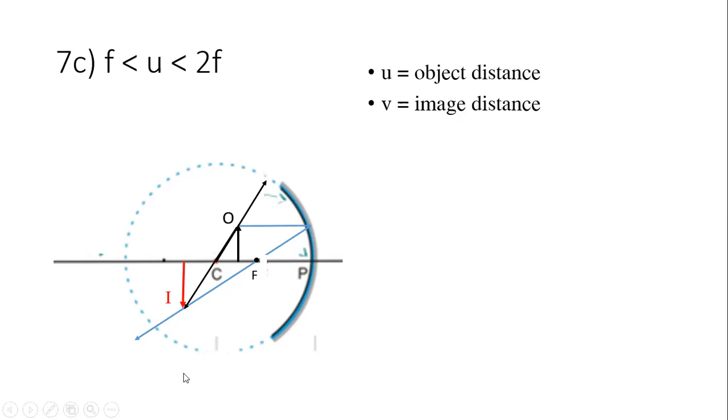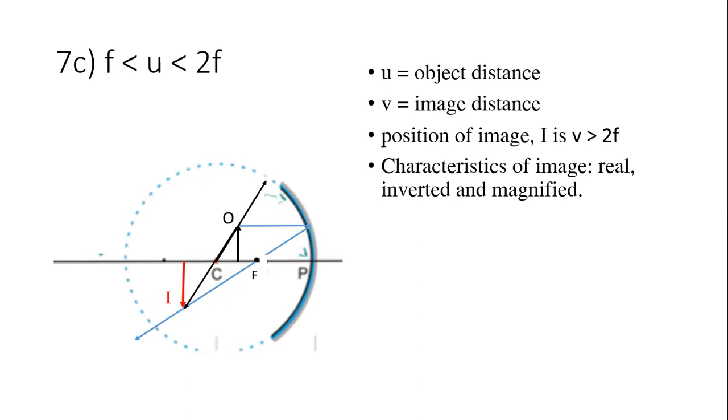So that is your image. Image distance is more than 2F. Characteristics: real, inverted, magnified.